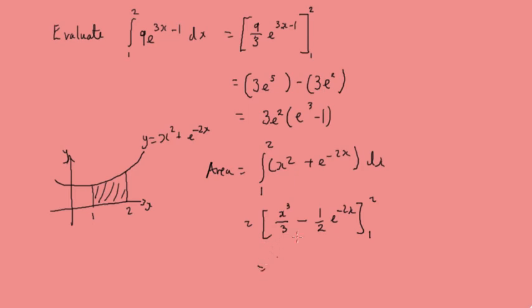Then we're substituting in for our value of 2, so it's going to be 8 over 3 minus a half e to the minus 4, and then we minus this, which is a third minus a half e to the minus 2, and if you put that into your calculator, you'll get 2.39 units squared. So I hope that helps.